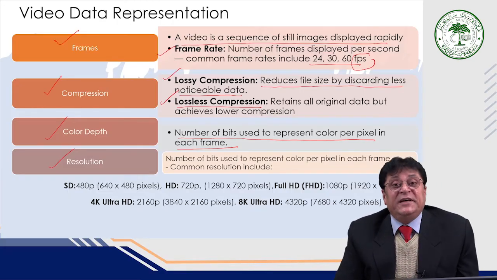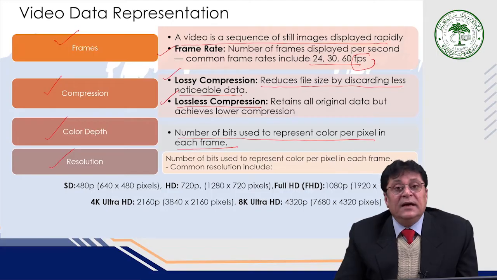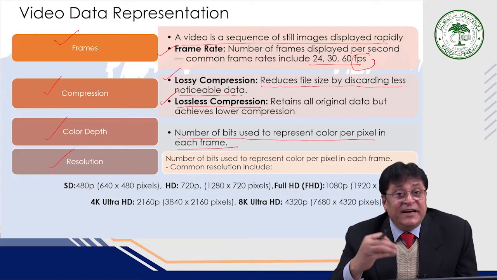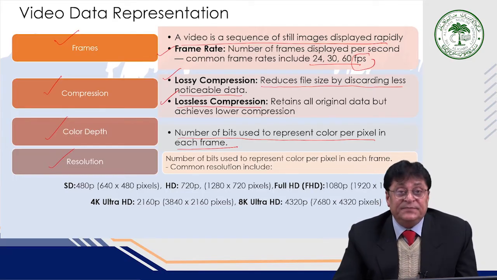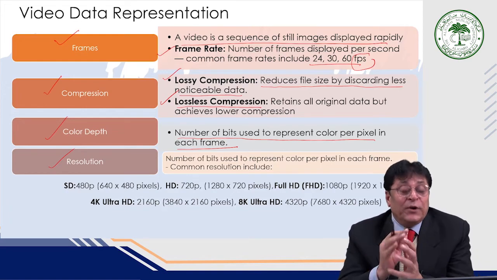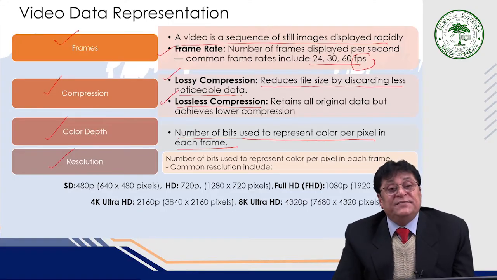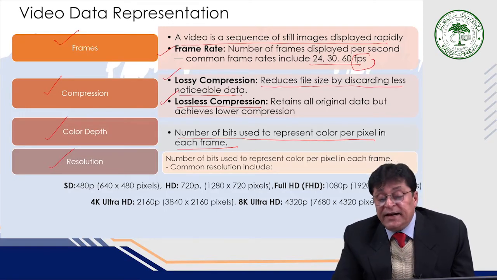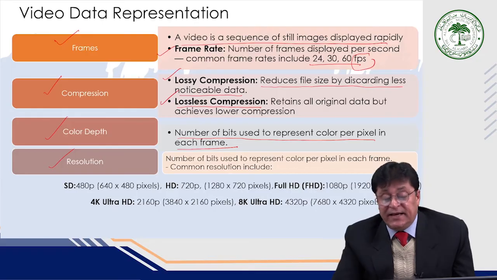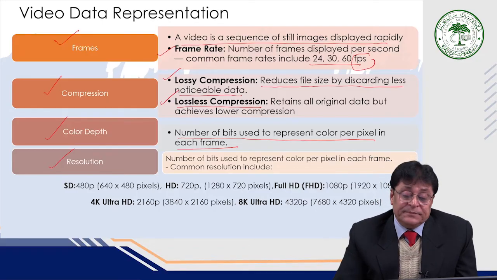If the color depth is high, it means more data would be required to represent different colors and their shades. So, as we discussed, it will add up to more data. So, color depth represents the number of bits which are used to represent color per pixel in each frame.